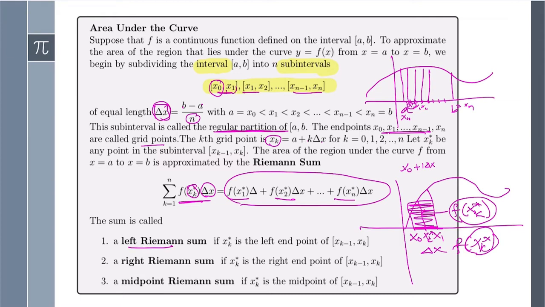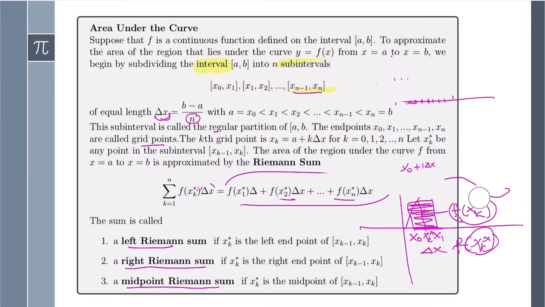If we choose the right endpoint to determine the height of the rectangle, then that sum is called the right Riemann sum. And then we can also choose a midpoint between those two, and that gives us the midpoint Riemann sum.